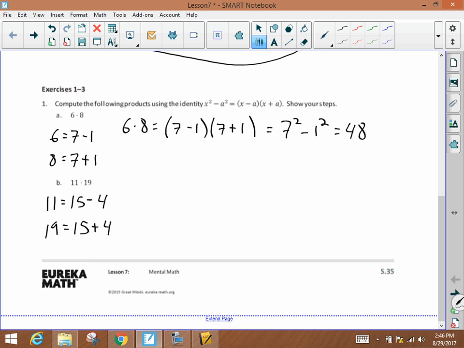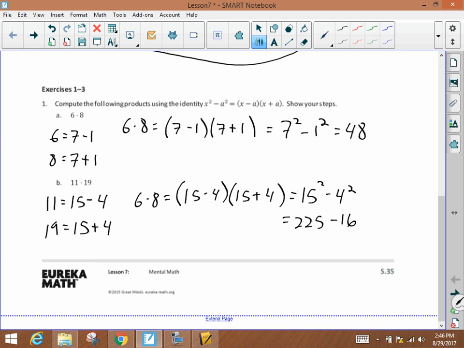And then we can use our property, which means that that is going to be equivalent to 15 squared minus 4 squared, which is the same thing as, what is 15 squared? It's 225 minus 16, which is 209.